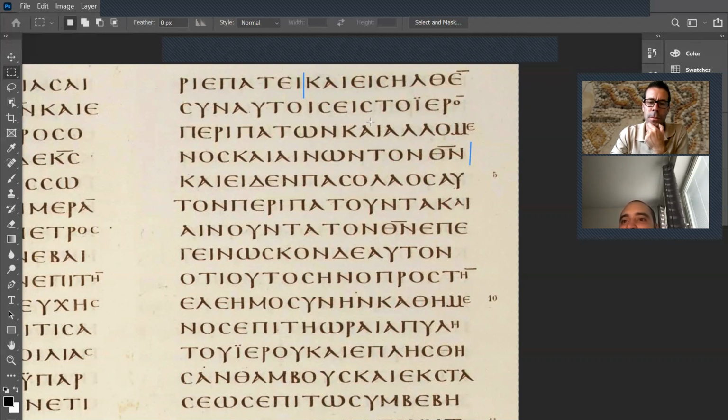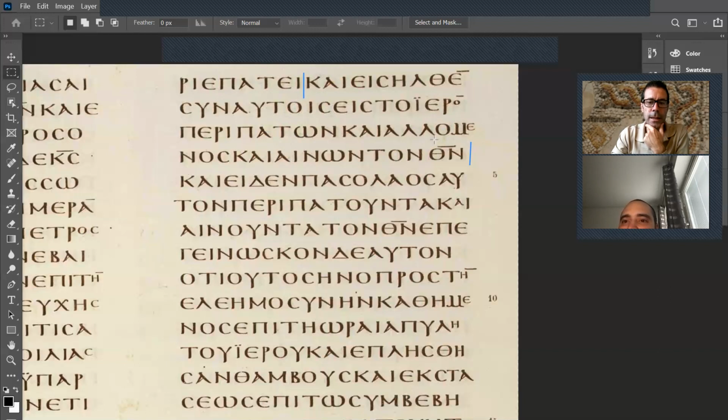Into the temple: accusative neuter singular. Walking is a participle, nominative masculine singular.